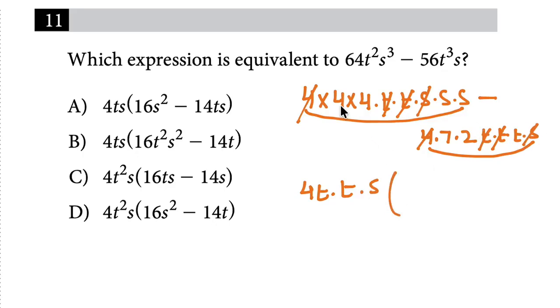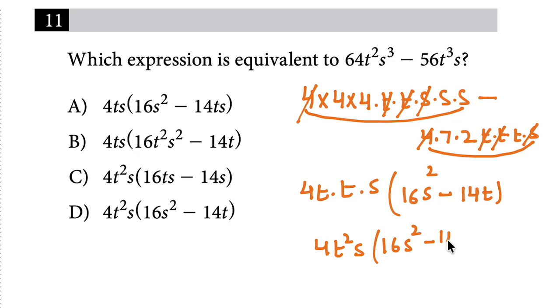Now what is left? 4 4s are 16. s times s, that means s squared, minus 7 2s are 14 t. So t times t is t squared. 4 t squared s, 16 s squared minus 14 t. 4 t squared s 16. Okay, D is the right option.